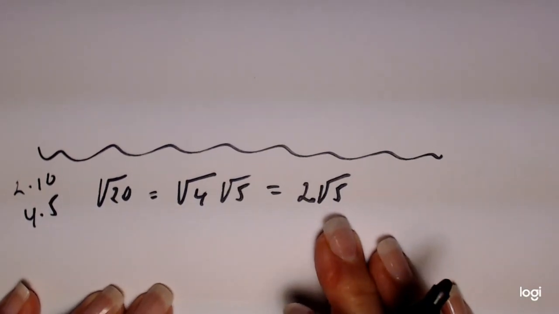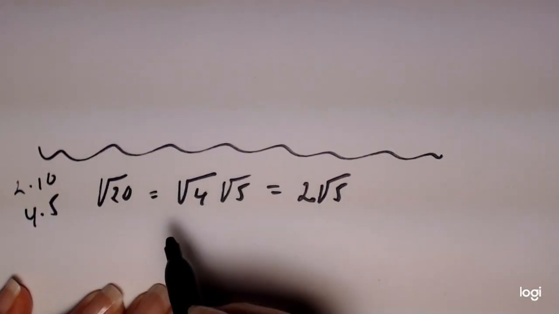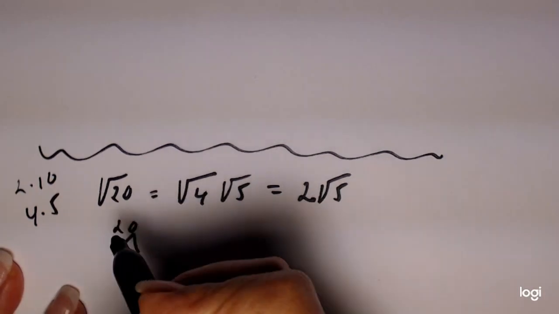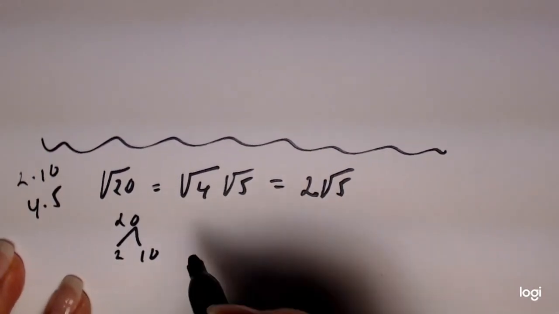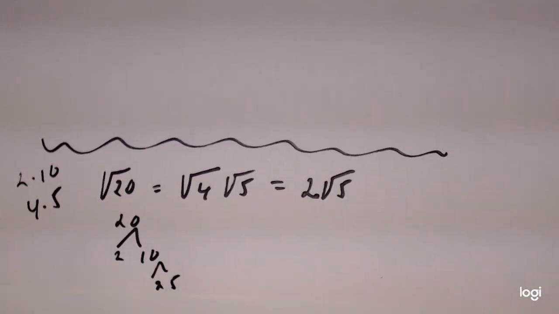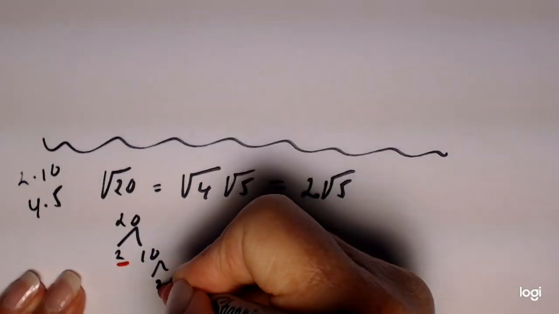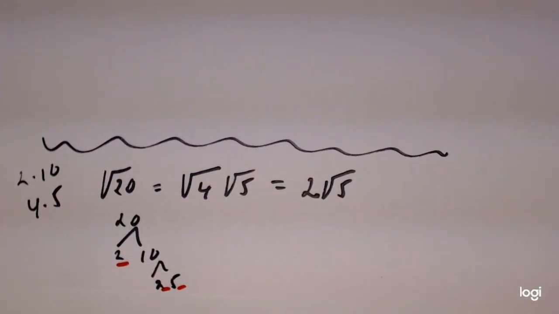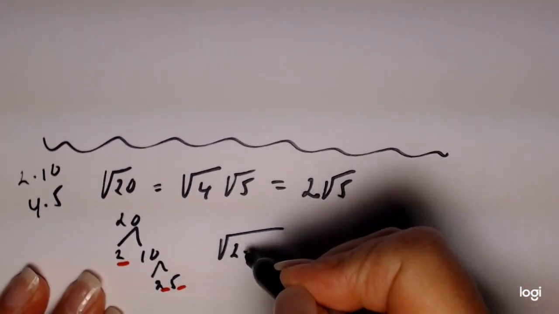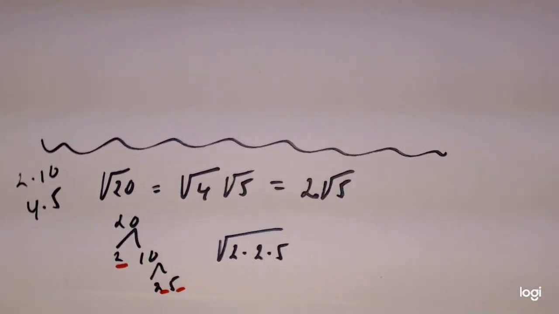Another way that you might be able to simplify these, if you're not seeing the factoring, is to take the 20 and break it down into its factors. It would be 2 times 10, and then 10 is 2 times 5. So the factors of 20 are 2, 2, and 5. So this is just another approach to simplify. We could replace the square root of 20 with its factors, 2 times 2 times 5. We're just listing all the prime factors. Now this method works for simplifying square roots, cube roots, any kind of root that we might be looking at.